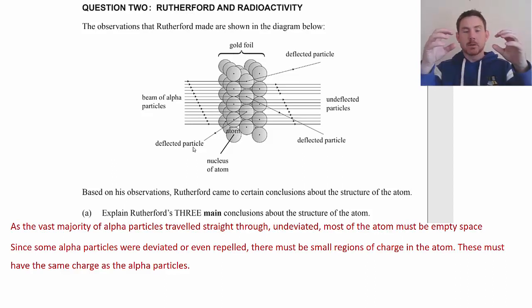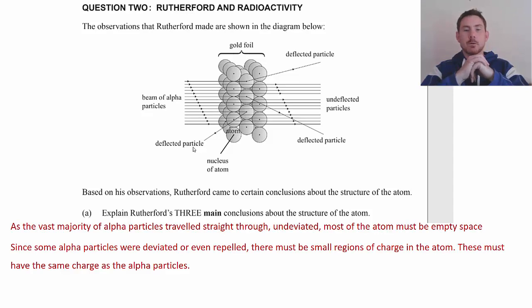Because in any collision, if the particles were of equal mass, then you would expect both of them to be deflected. But the particles inside the gold foil didn't seem to be deflected. It was the alpha particles that were bouncing back, which suggests that the alpha particles were much, much lower in mass than whatever it was they were hitting.